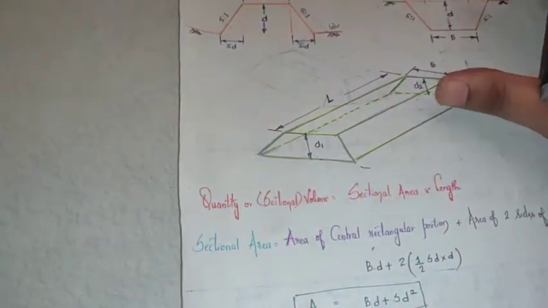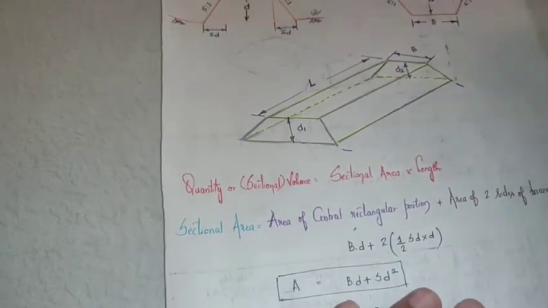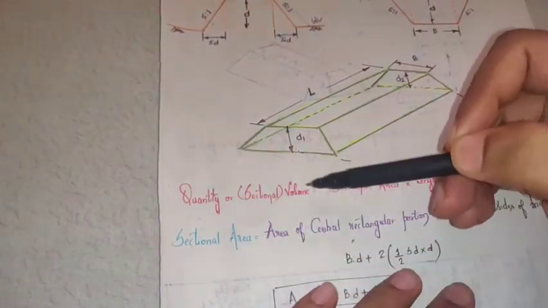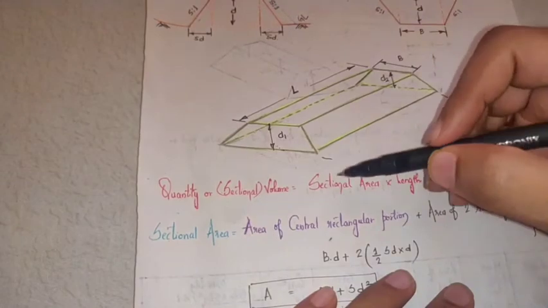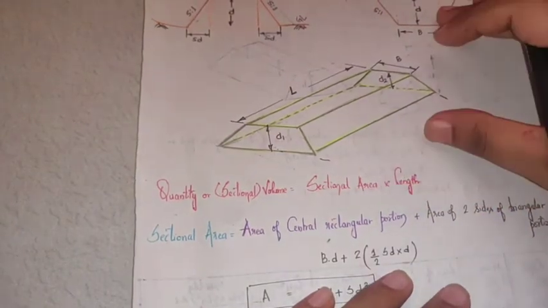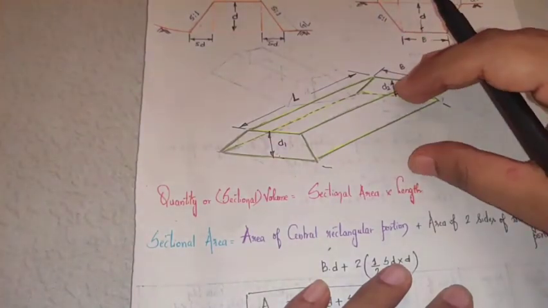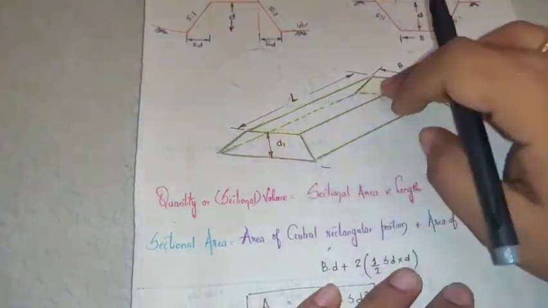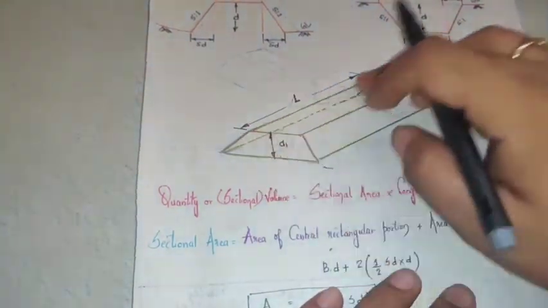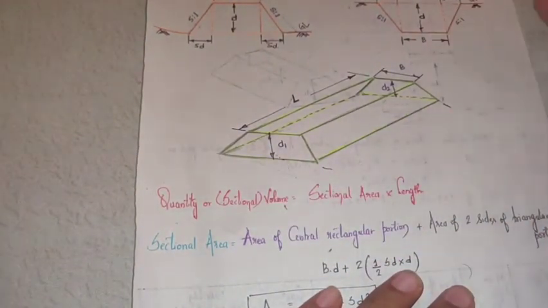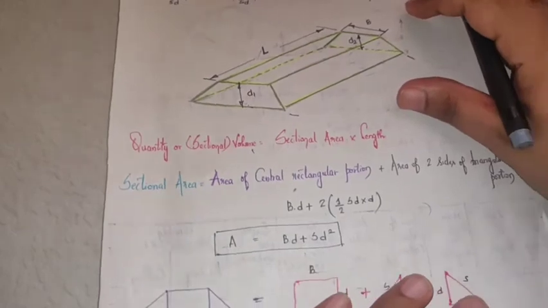Mathematically, how do we calculate the volume? Quantity or volume is given by sectional area into length. You have to calculate the area of this trapezoidal part, and if you multiply that with the length, area into length will give you the volume of the soil to be excavated or filled.